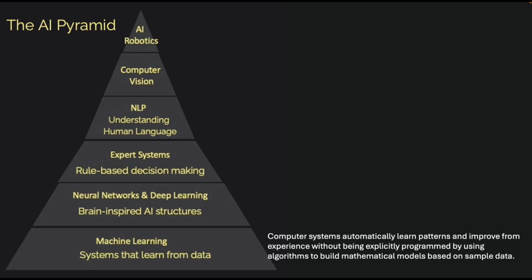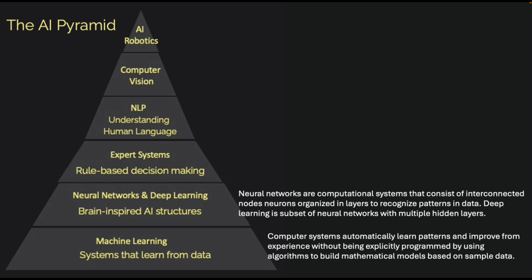Now, as you go up the pyramid, you get to neural networks and deep learning. Think of neural networks as one layer. It's a computational system that consists of interconnected nodes or neurons, which we might refer to in the human brain, organized in layers to recognize patterns in data.